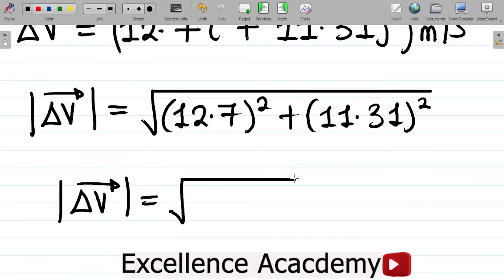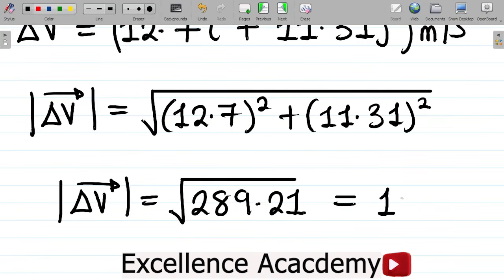So I'd have 12.7 squared plus 11.31 squared, and that's about 289.21 approximately. I'll take the square root of 289.21. So that's approximately 17.006. That's approximately 17 meters per second.